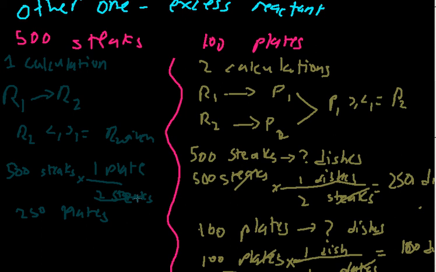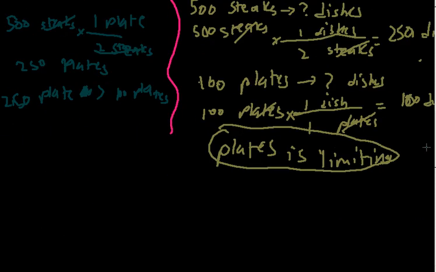The problem is that 250 plates is greater than the 100 plates that we're given. Therefore, we don't have enough plates to sustain the number of steaks that we have. So we need more plates, therefore the plates are limiting.